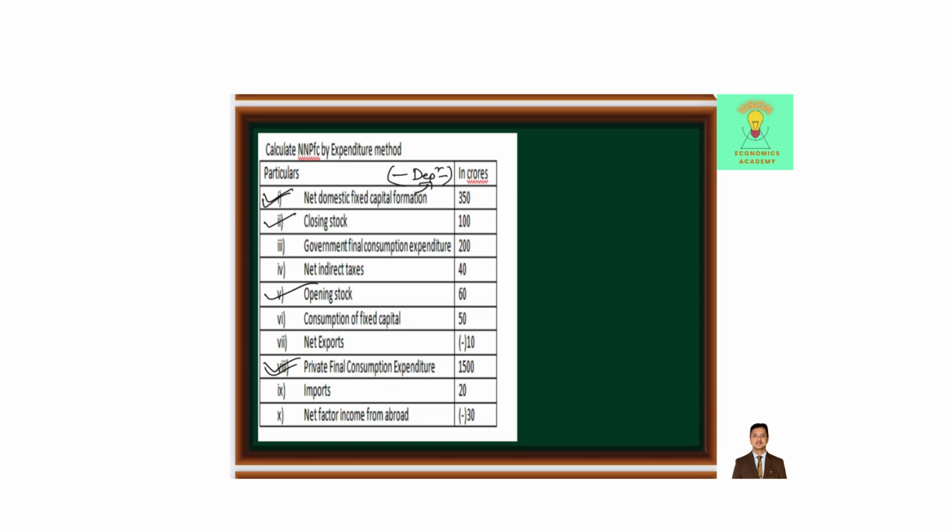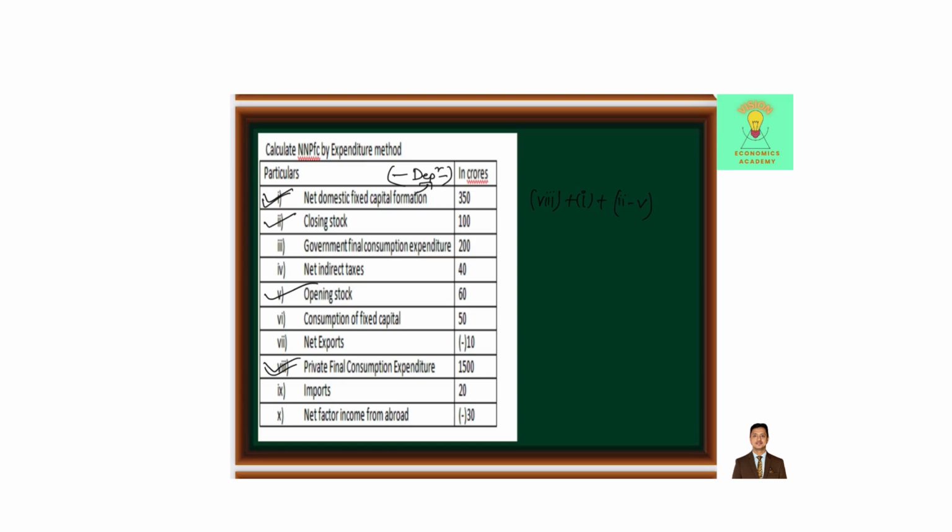So, what we need here is private final consumption expenditure, plus net domestic capital formation, plus inventory investment, that is closing stock minus opening stock, right?